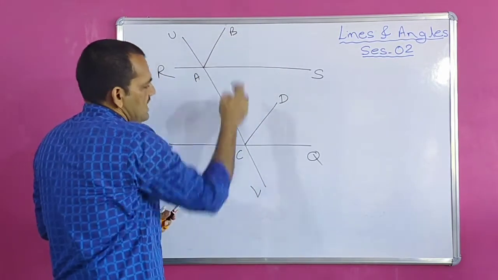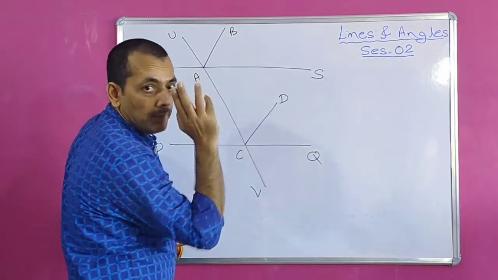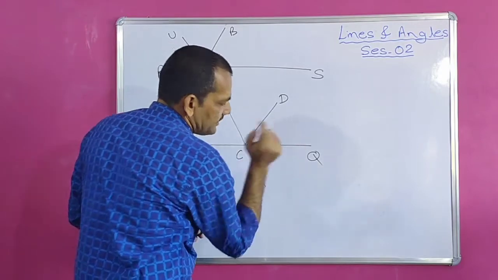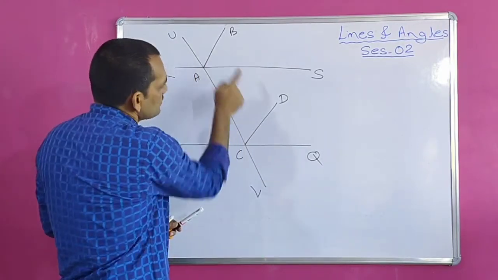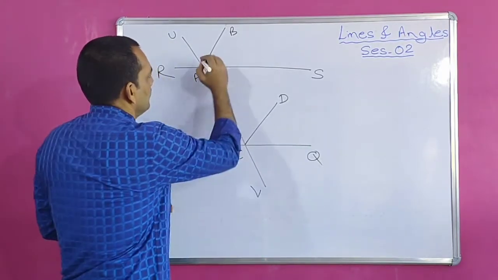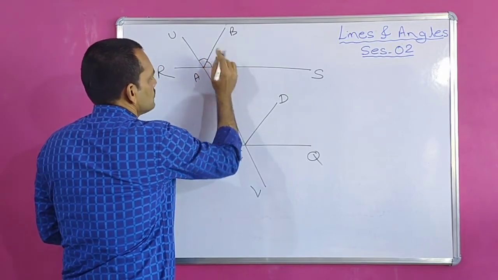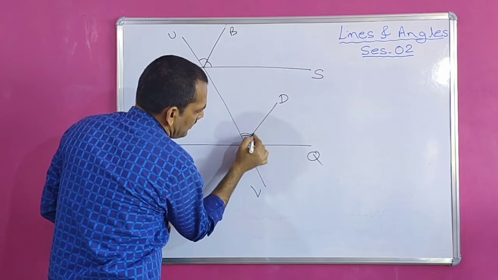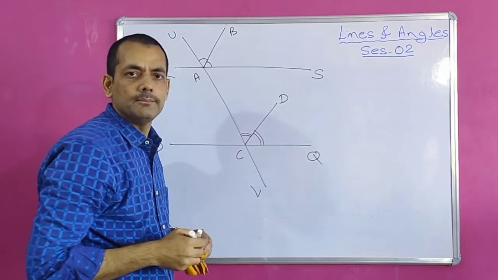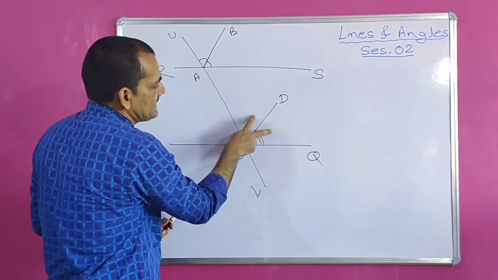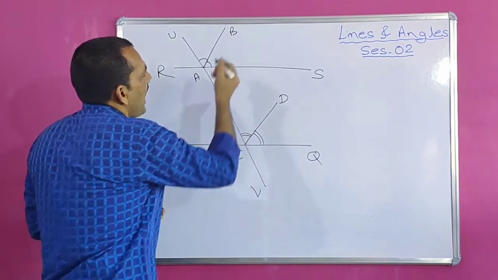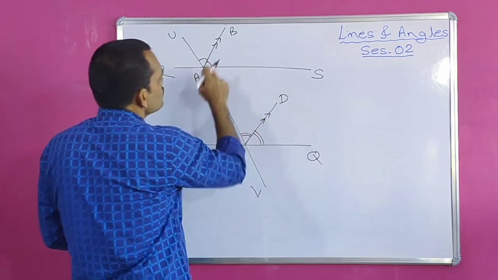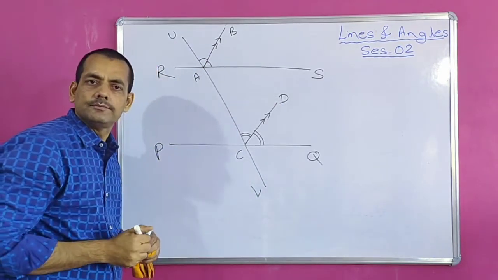Lines AB and CD are the bisectors of angles UAS and ACQ. Bisector means these two angles are the same and these two angles are the same. It is also given that these two angle bisectors are parallel.